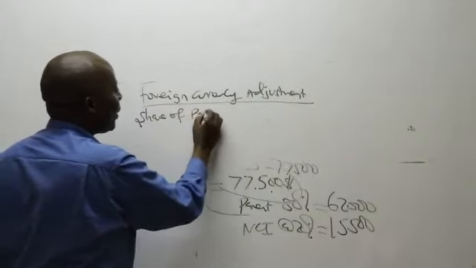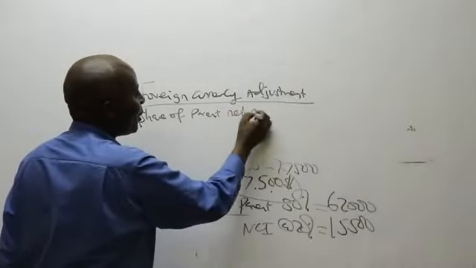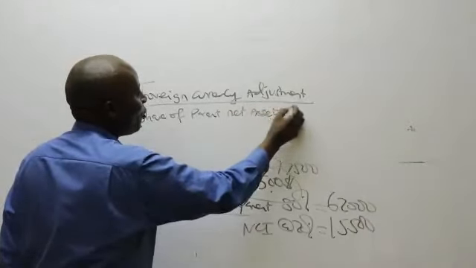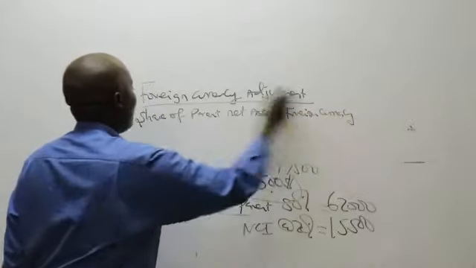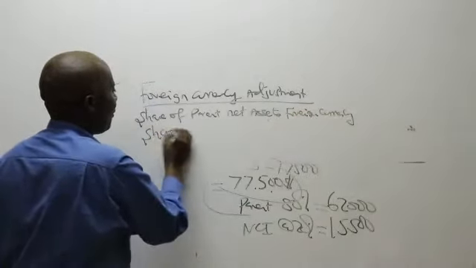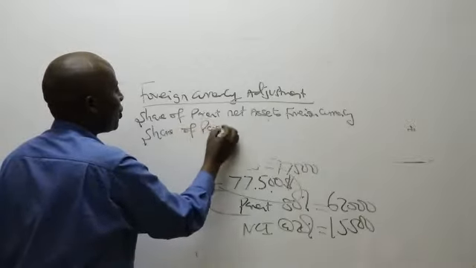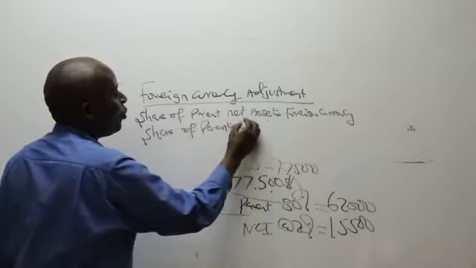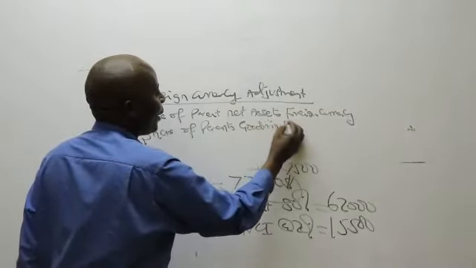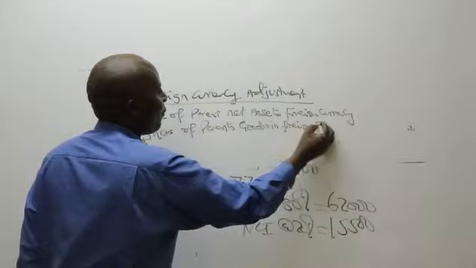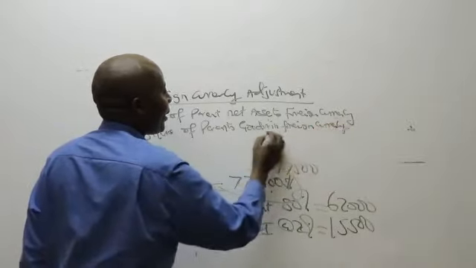I can see there is share of parents' net assets, foreign currency, and there is share of parents' goodwill, foreign currency gain.